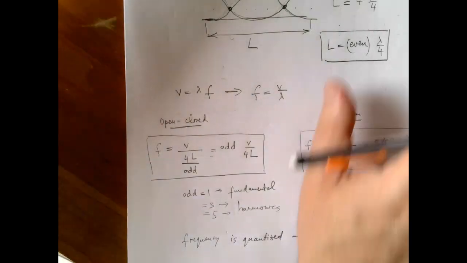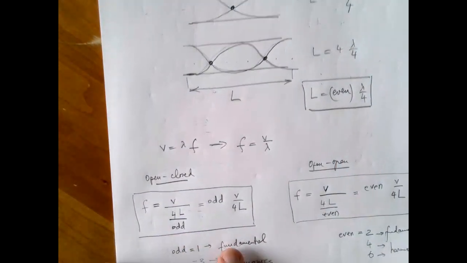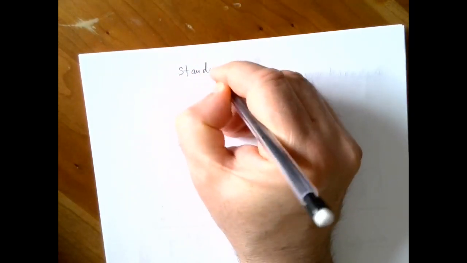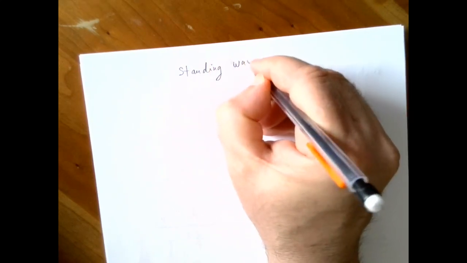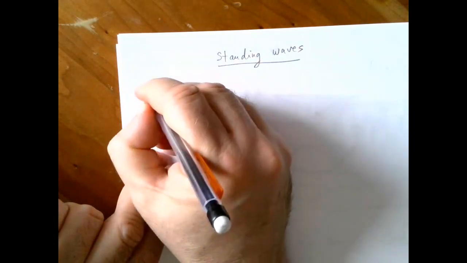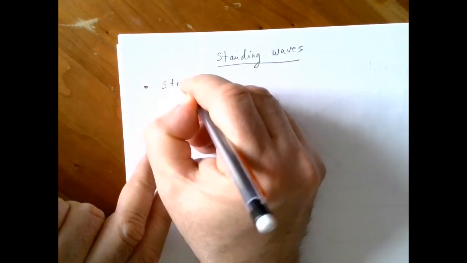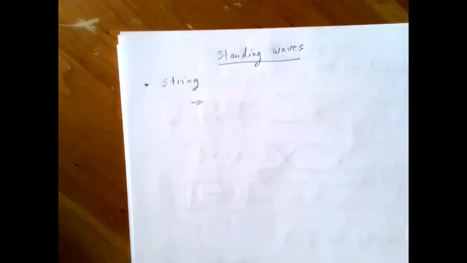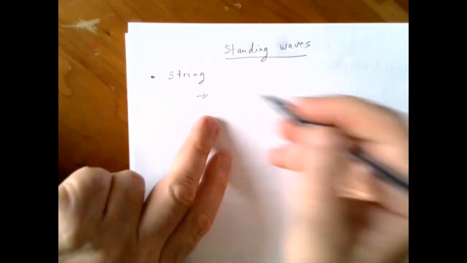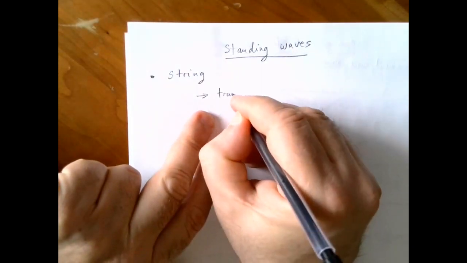So to summarize standing waves, since we are at the end of this topic, we saw two different types of standing waves. This is a good, hopefully, review. We saw standing waves on a string, and the characteristics of this wave were that, first of all, it is a transverse wave.